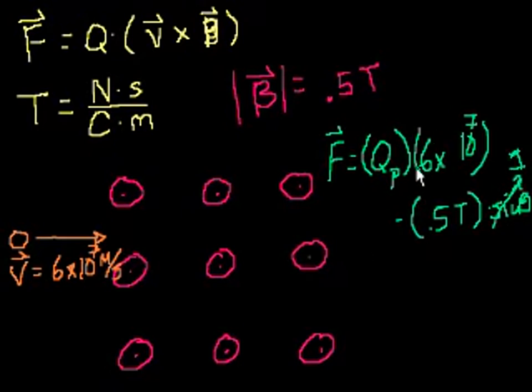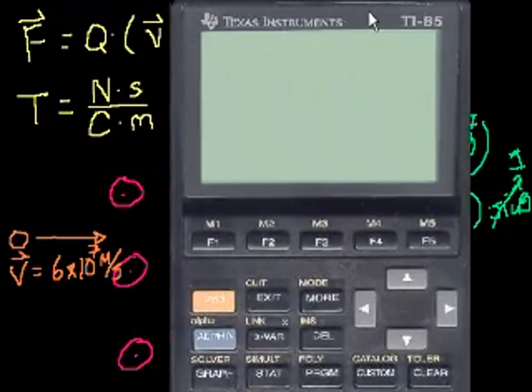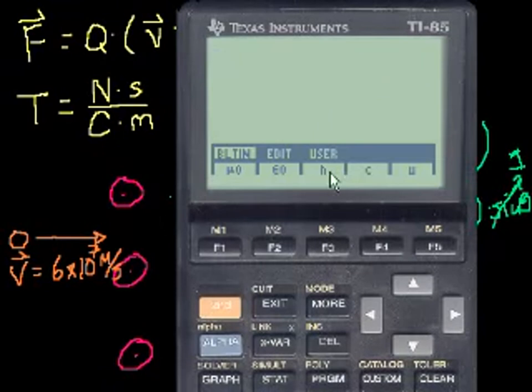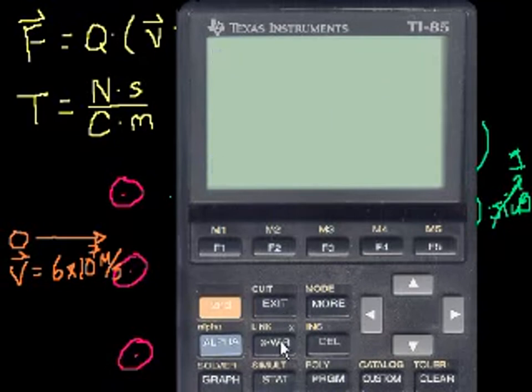So the magnitude of the force is actually pretty easy to calculate if we know the charge on a proton. Let's see if we can figure out the charge on a proton. Let me get the trusty TI-85 out. Let me clear it just so you can appreciate that TI-85 store.